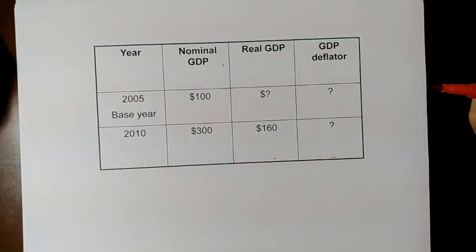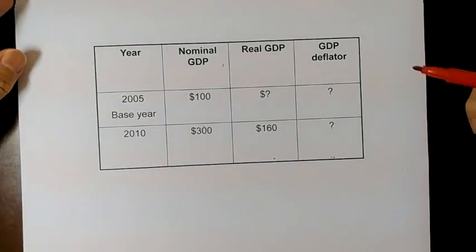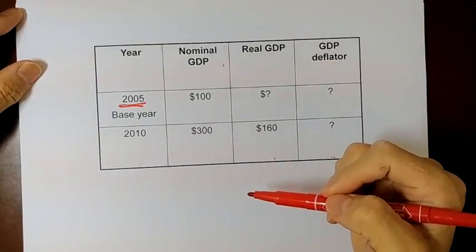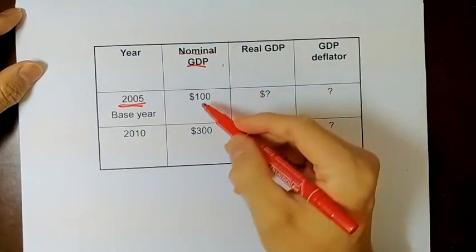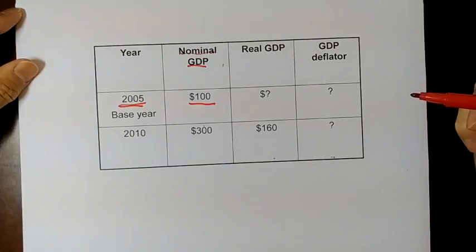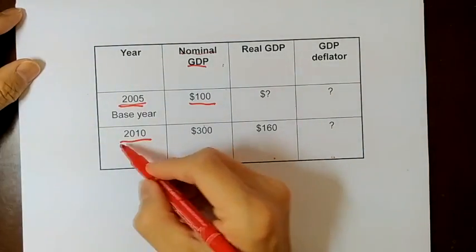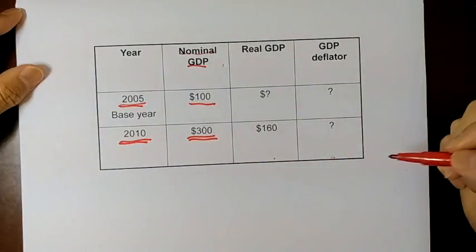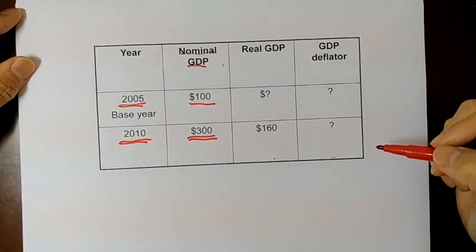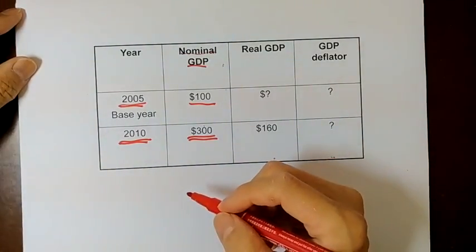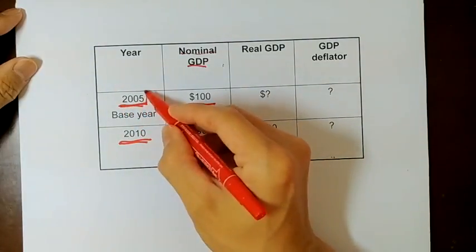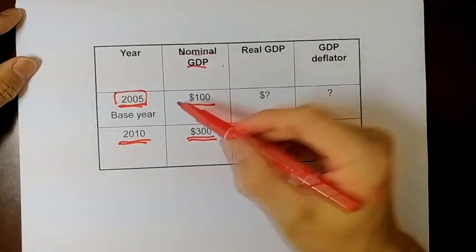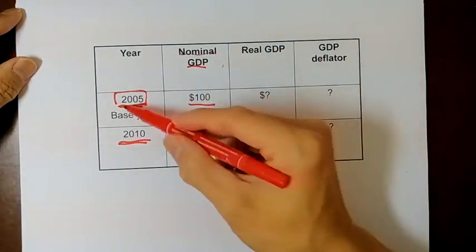Now, look at the example. In 2005, the nominal GDP is $100. In 2010, the nominal GDP is $300. If we use 2005 as the base year, what is the real GDP in 2005?